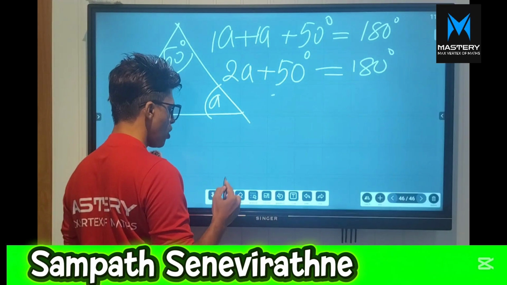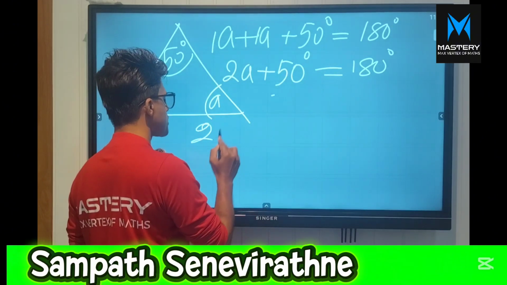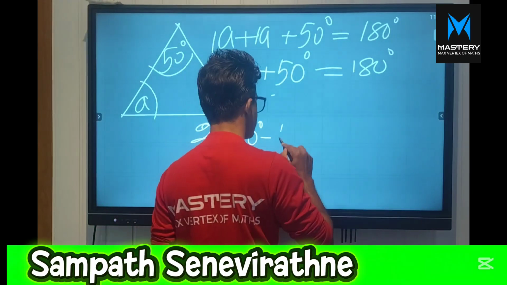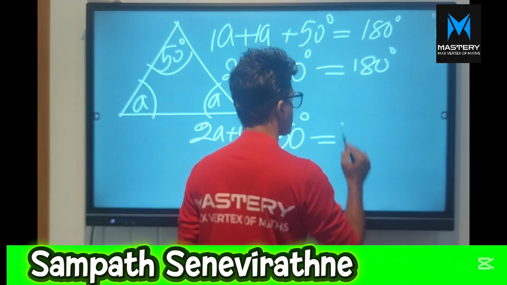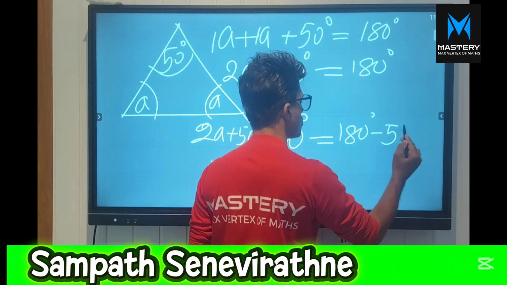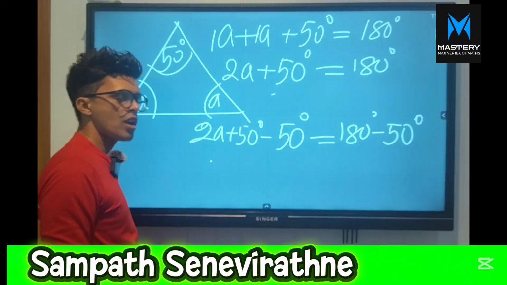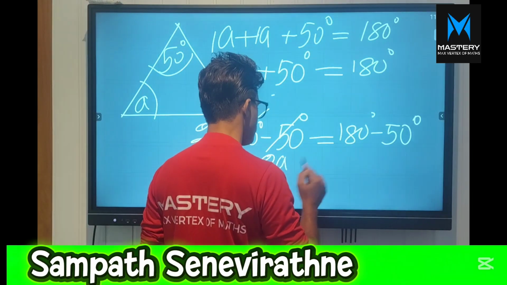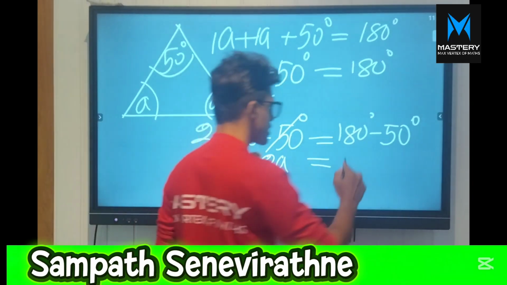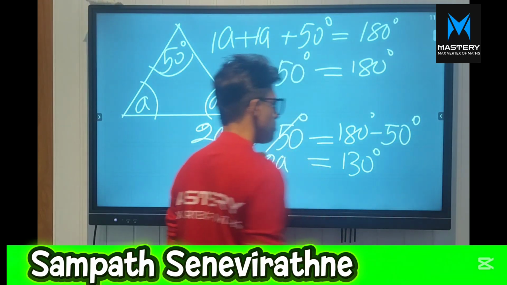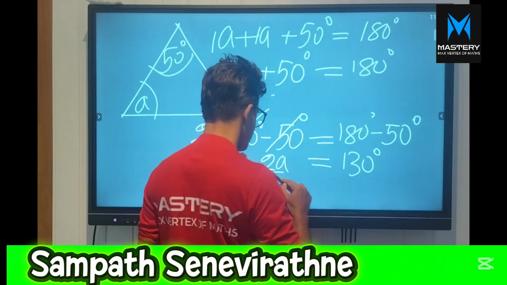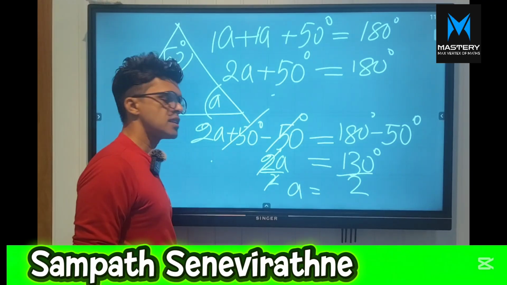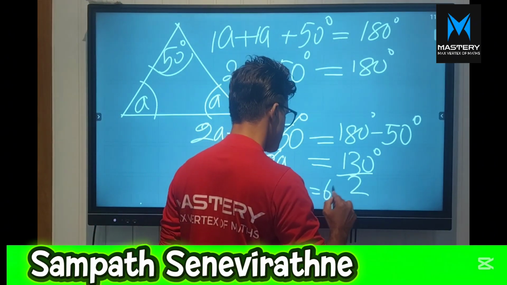The plus 50 and minus 50 simplify, then 2a equals 180 minus 50, which is 130 degrees. From both sides you could divide by 2, this side by 2 and this side by 2. So a equals 130 degrees over 2, which is 65 degrees.